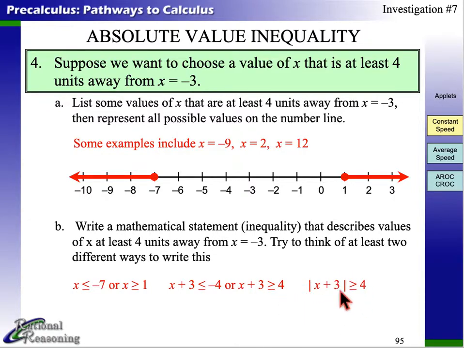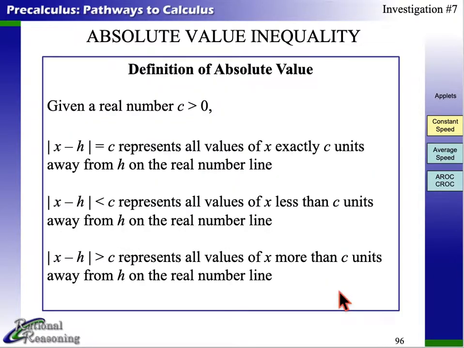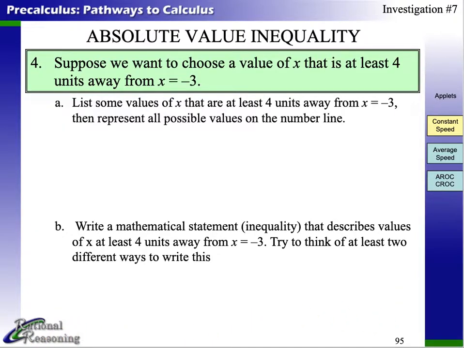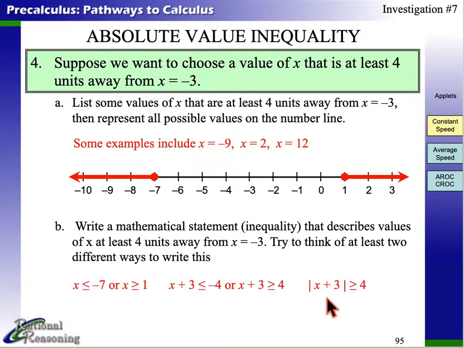So we could list that as an absolute value. Let's back up. The absolute value of the distance between x and -3 is going to be greater than or equal to 4. The paper mill is at -3, and we want to stay away from it.